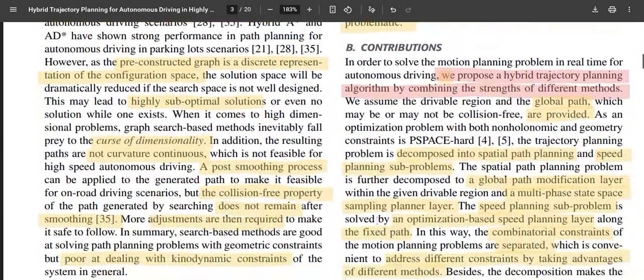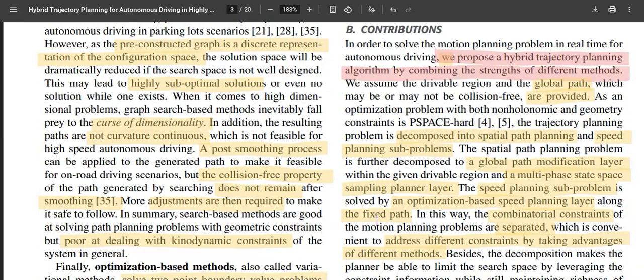So, what are the contributions? Here, they say that they proposed a hybrid trajectory planning algorithm by combining the strengths of different methods. They have given four contributions. The first contribution is that once the global path is generated by any algorithm, they go for a smoothing process and also modification, such that a collision-free smooth global path is generated.